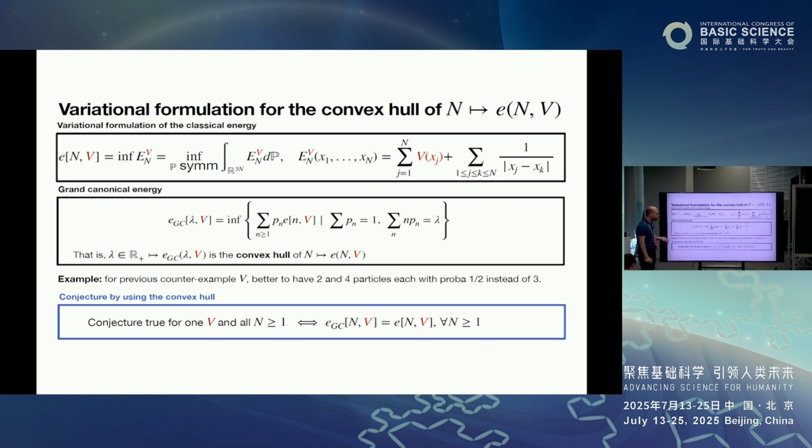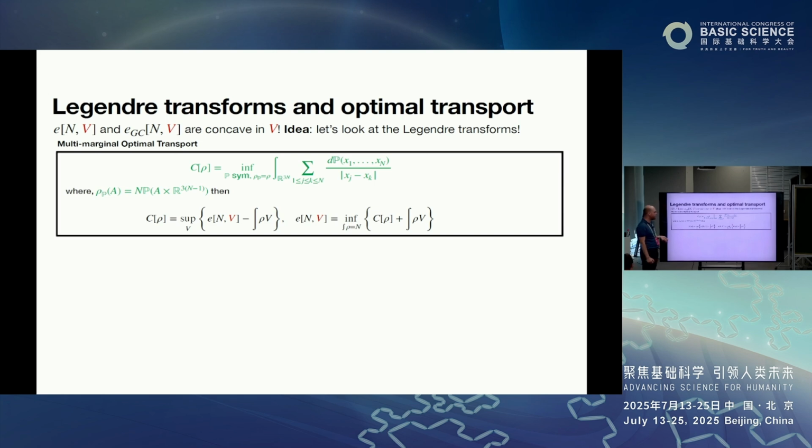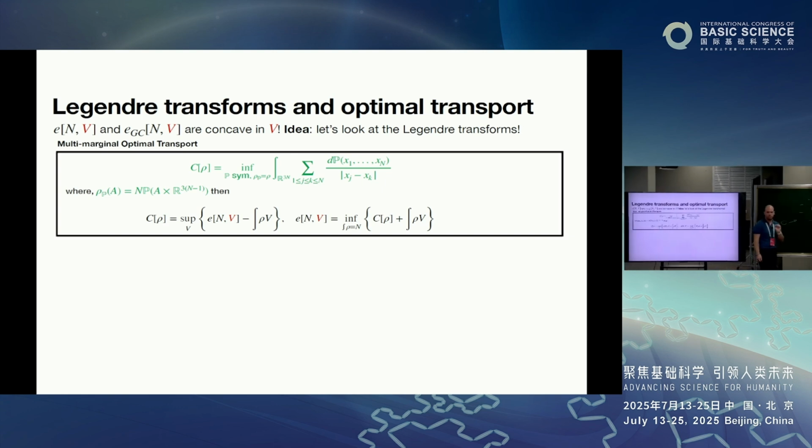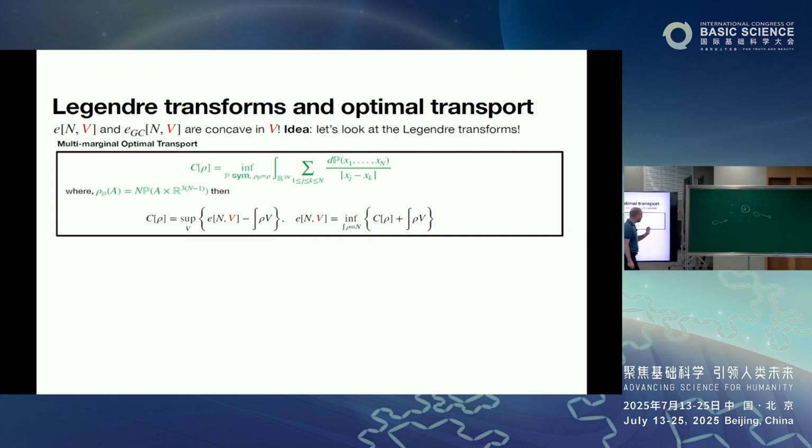Convex analysis tells me this: you fix your first variable n, and now I start to play with the second variable, the potential V. What happens is that these two quantities, the classical energy and the grand canonical energy, are concave in V. And since they are concave, I like doing convex analysis.